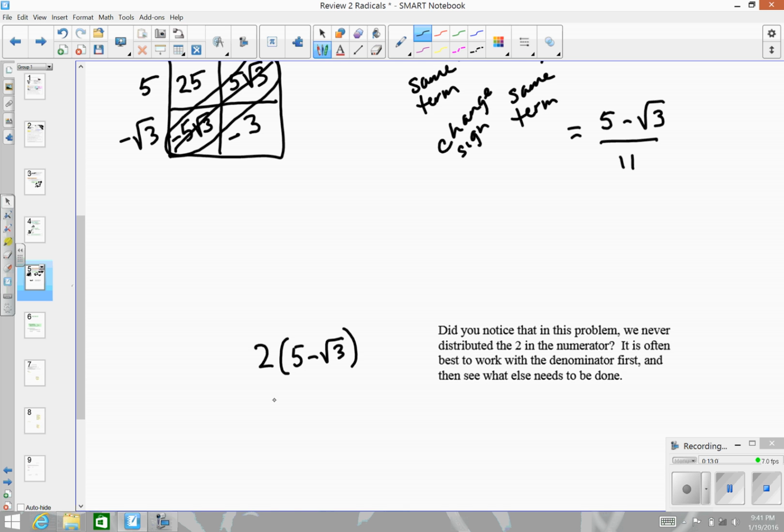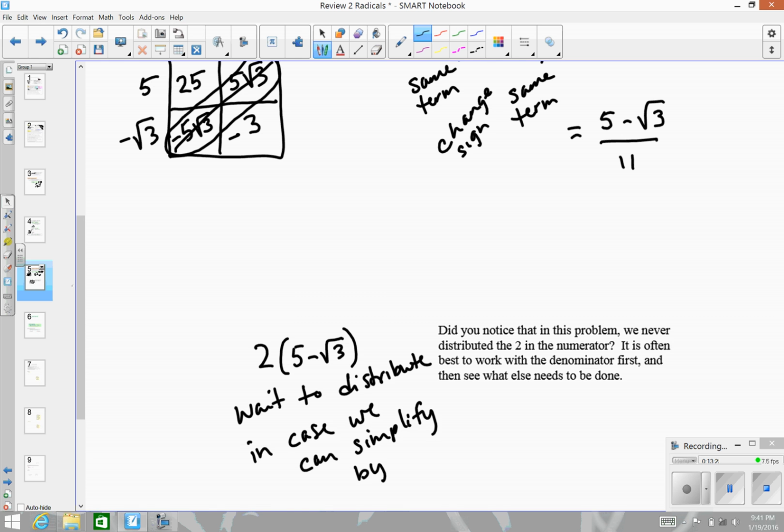So it's best to wait to distribute, in case we can simplify by canceling common factors in the numerator and in the denominator.